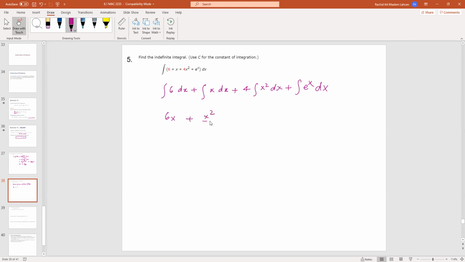For this one it is x squared over 2, and for this one, we add 1, and for ex it's just ex plus c. So we have this 4 is the highest one. It doesn't matter here which way you write it, but just to show some, we'll do 6x.